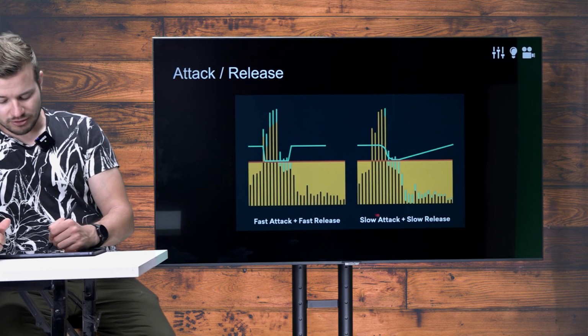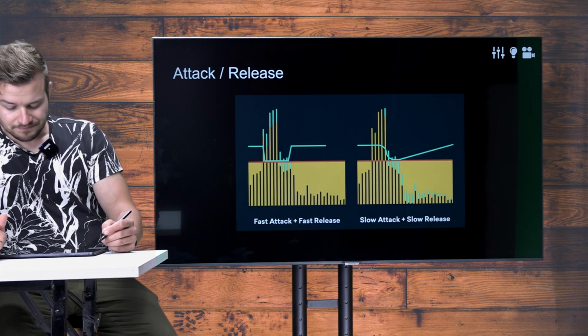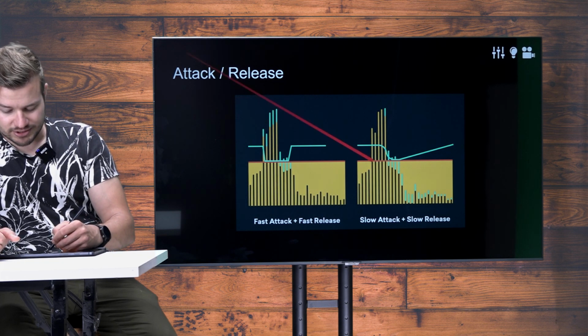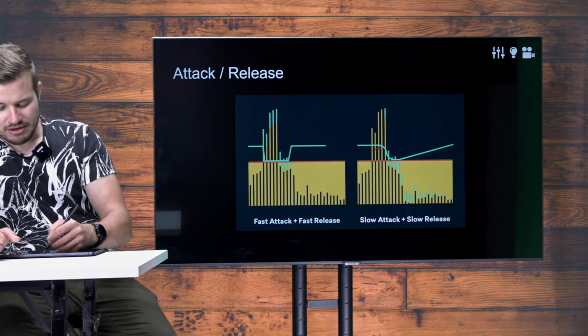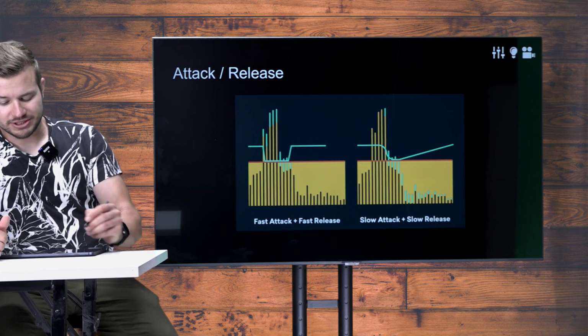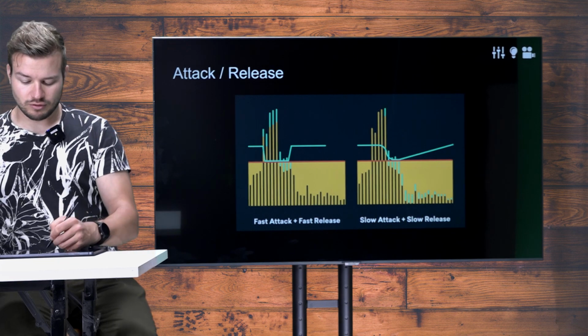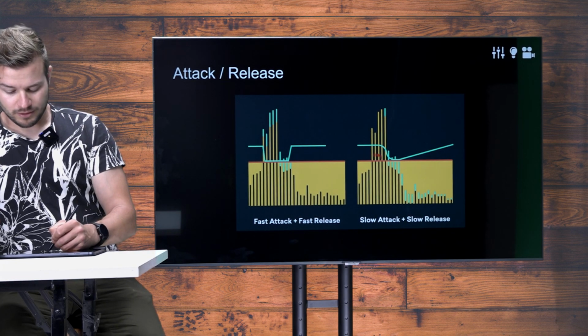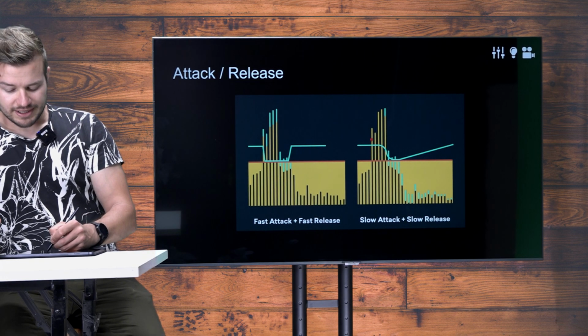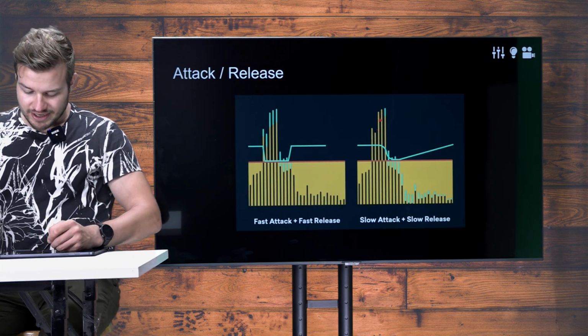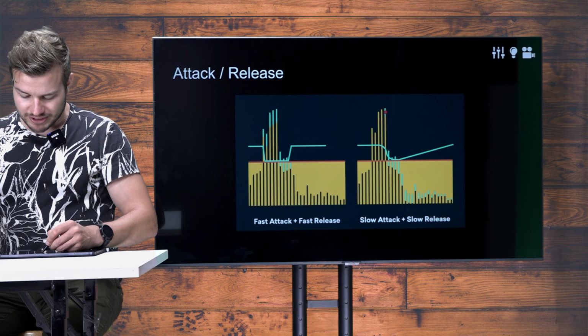Whereas with slow attack and slow release, the signal goes over the threshold at this point, but we wait a little while with the compression. So the signal is already over the threshold for a certain time, and just after a while we start compression.